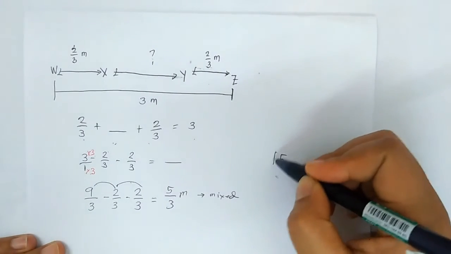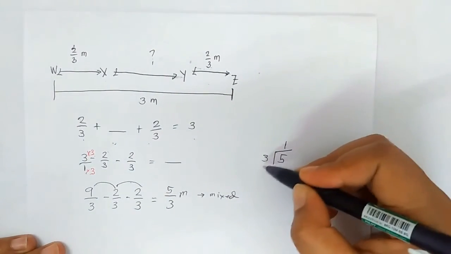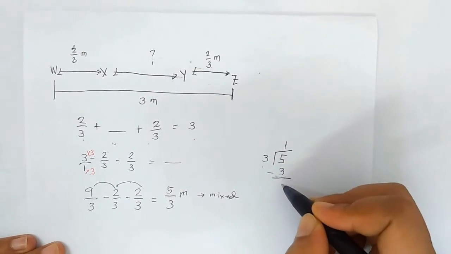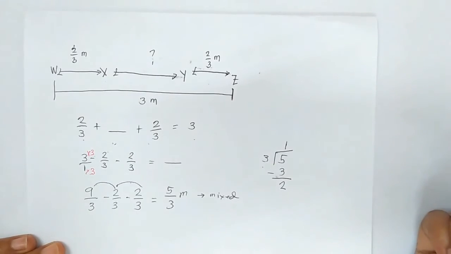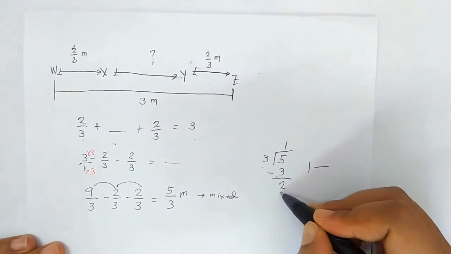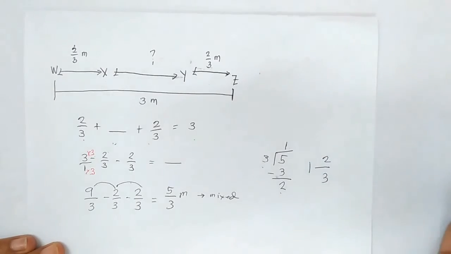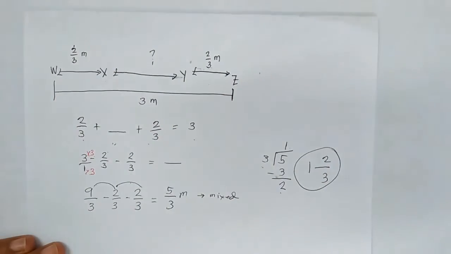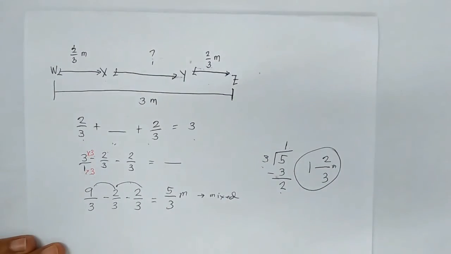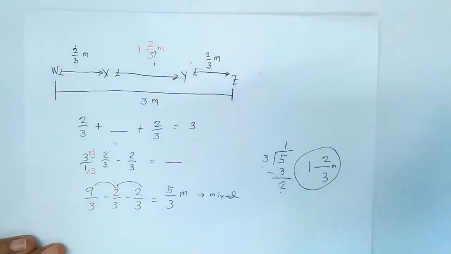So 5 divided by 3, 1, very good. 1 times 3, 3, subtract 5 minus 3 is 2. So how to write this into a mixed number? The answer will be the whole number, the remainder will be the numerator, and the divisor will still be the denominator. So we have 1 and 2/3 meters. So this is 1 and 2/3 meters.